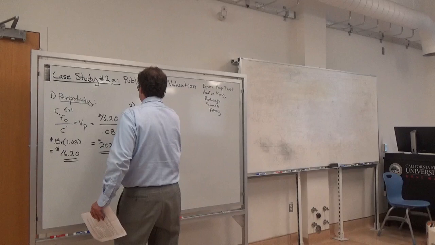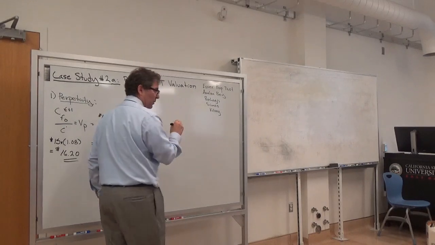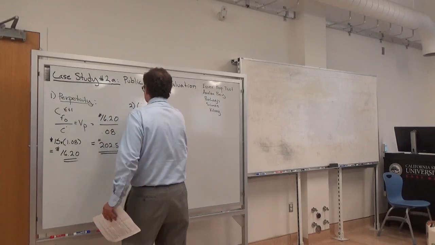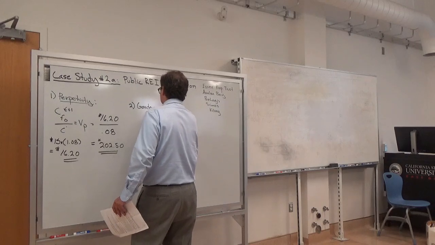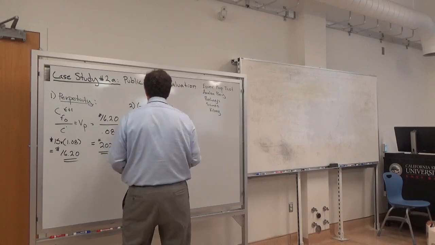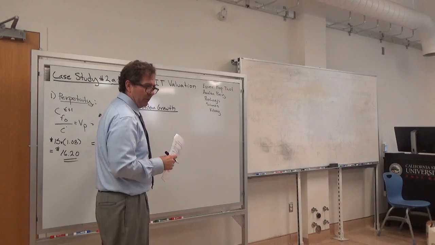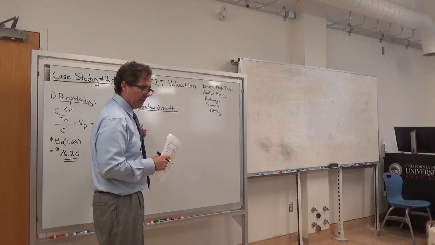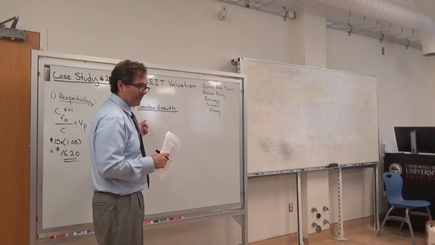Annuity. Gordon growth. Got it. Or the constant growth. What do we need to calculate the valuation using the Gordon growth? We need the cash flow. This year, last year, or next year's?